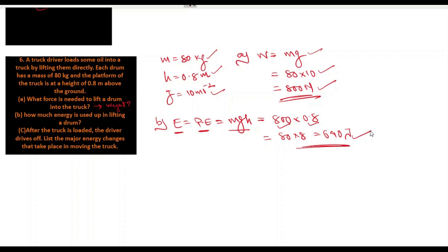So when he starts the truck, the chemical energy of fuel gets converted into heat energy. This heat energy drives the engine, and when the engine moves, it gets converted into mechanical energy, and this mechanical energy is converted into kinetic energy when the truck moves. So chemical energy to heat energy to mechanical energy to kinetic energy. That is the energy changes after the truck is loaded and the driver drives off.